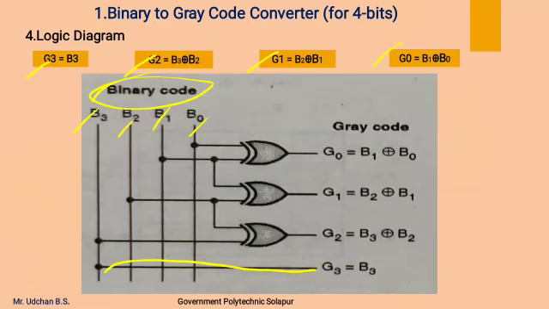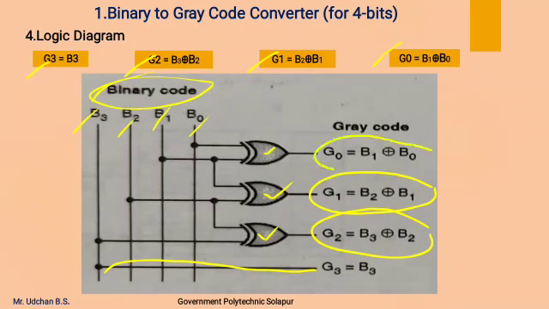For G2 one XOR gate is required, to which B3 and B2 variables are connected as input, so that we can get B3 XOR B2. For G1, B2 and B1 variables are connected as input to this XOR gate, so we get G1 equal to B2 XOR B1, and for G0, B1 and B0 inputs are connected, so we get the B1 XOR B0 expression for G0.